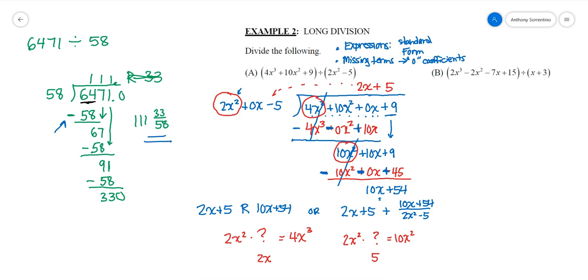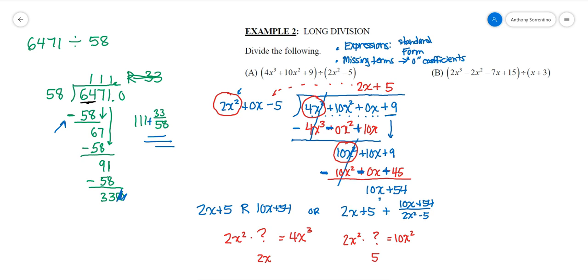Much like the mixed number way of just taking the remainder that was there, putting it in the top, and then putting the divisor in the denominator. Remember, there is a plus sign implied in a mixed number, whereas in expressions where I have variables, that plus sign has to be more directly written. So either one of these would be acceptable answers for this. So that's a procedure for long division.